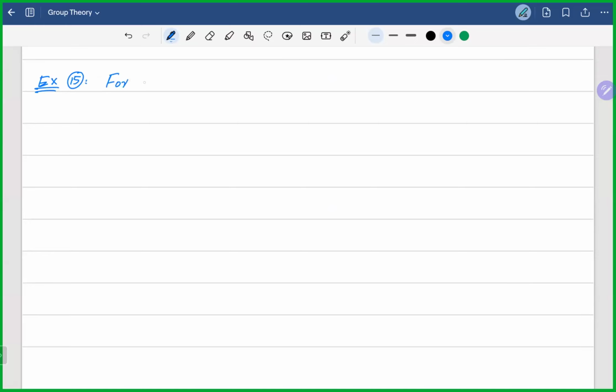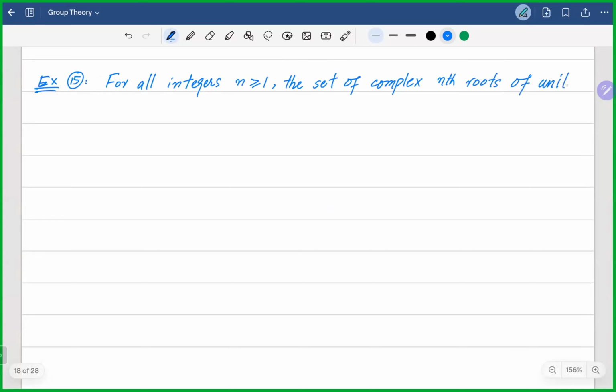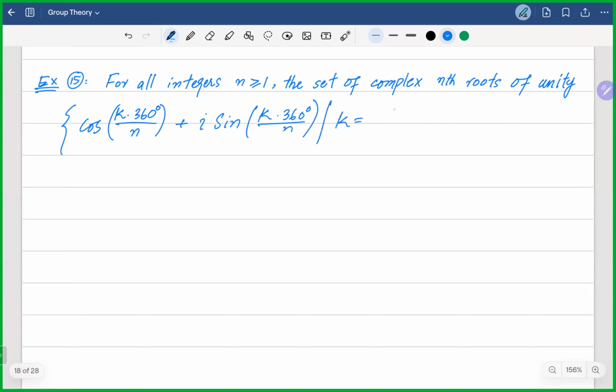You can say that for all integers n greater than or equal to 1, the set of complex nth roots of unity, which can be written as cos k into 360 degrees over n plus iota sine k into 360 degrees over n, given that k is 0, 1, 2 up to n minus 1.